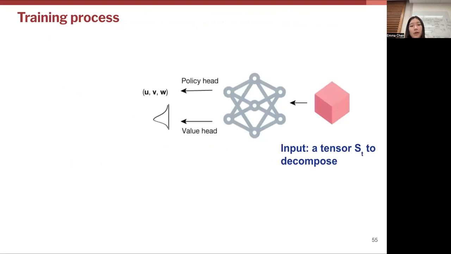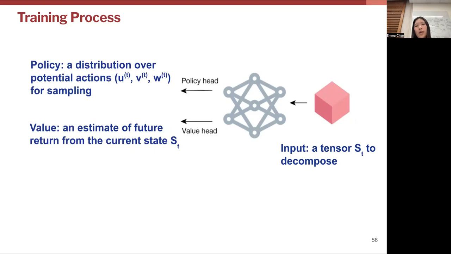So now we're going to talk about the neural network. This is a very simplified version of what the network is. The input of the network will be the current state, which is the 3D matrix we want to decompose. There will be two outputs of the network.